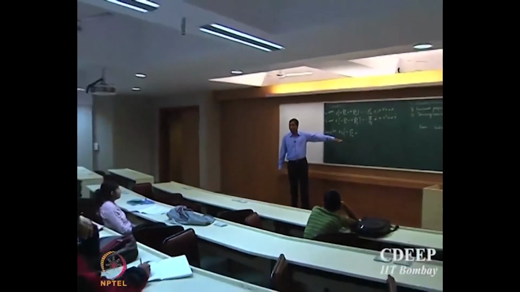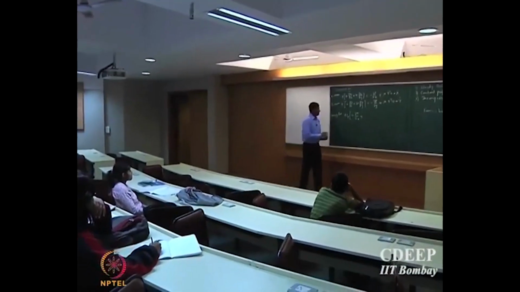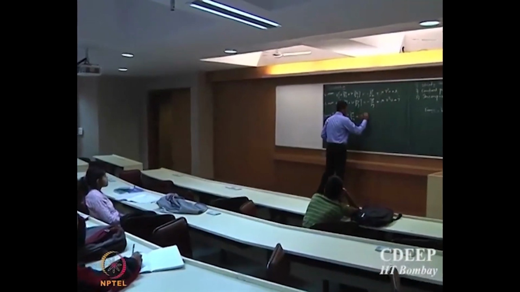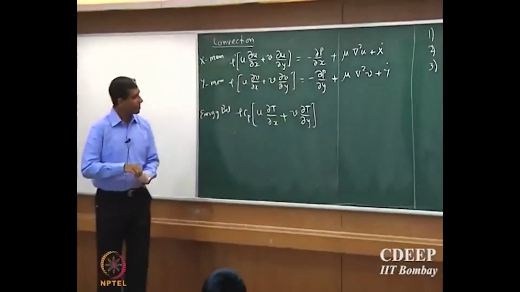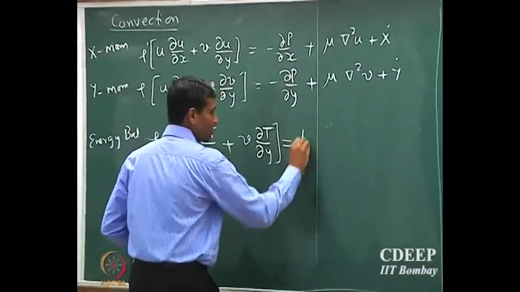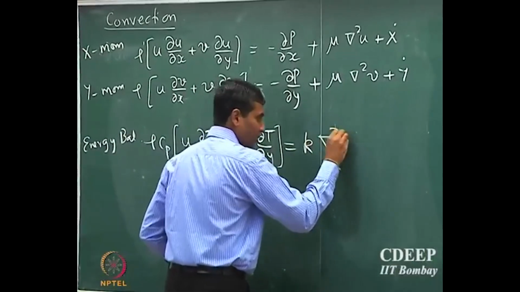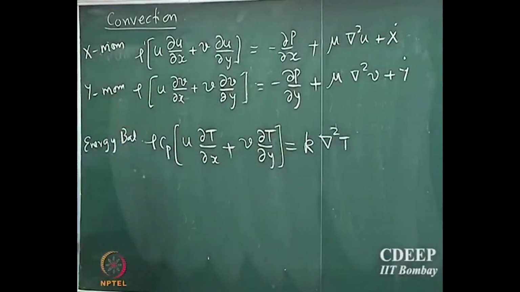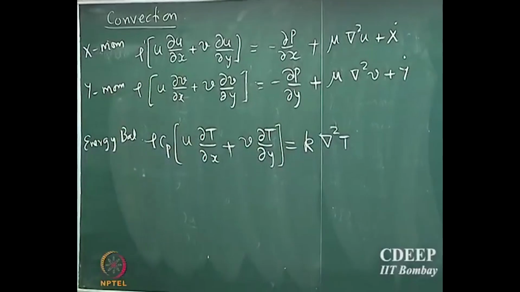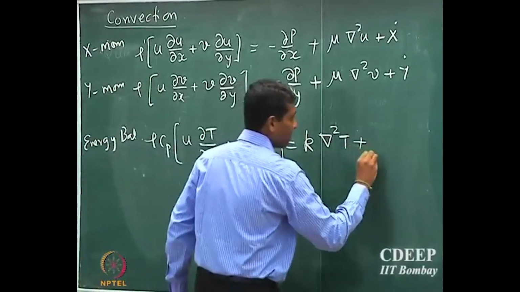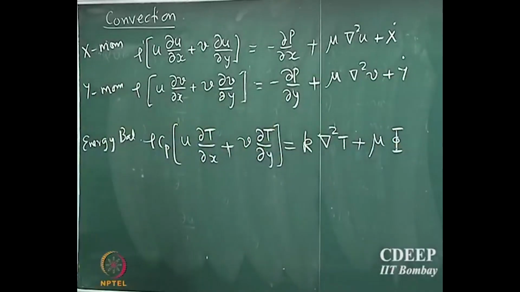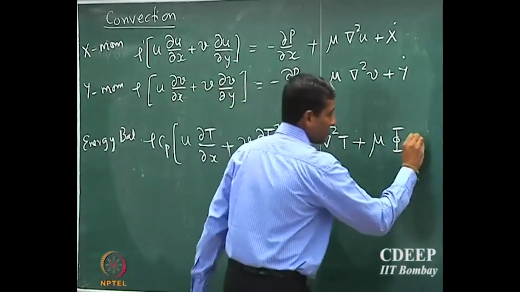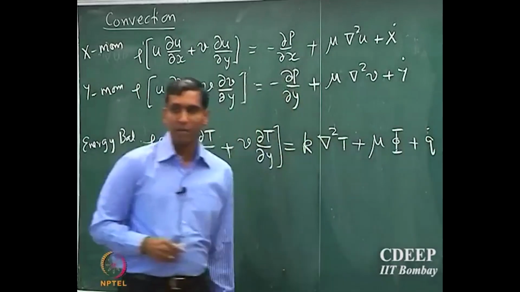That's what convection is already taking into account, right? Plus V dou T by dou Y, so that's your convection term, and that should be equal to the conduction, del square T. Laplacian is the mathematical representation for conduction, plus the viscous dissipation. I put capital phi as the viscous dissipation term, plus the heat generation per unit volume.